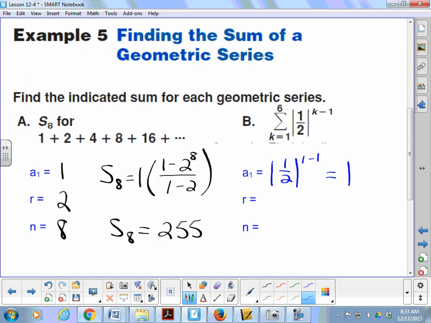Now the common ratio is always going to be the number that's being raised to a power. So in this case, the number being raised to the power is 1/2.